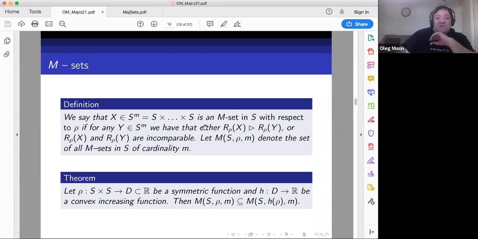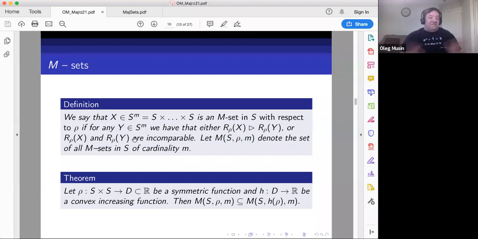We say that X is an M set if for any y, either R of X majorizes R of Y, or they are incomparable.